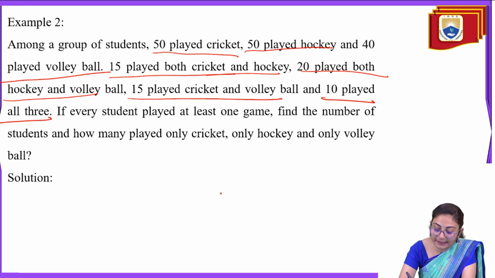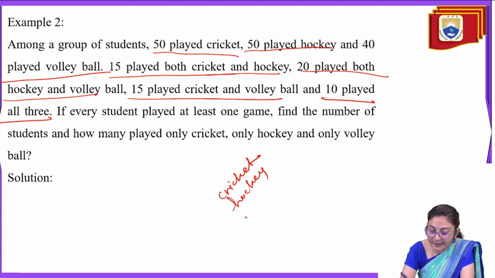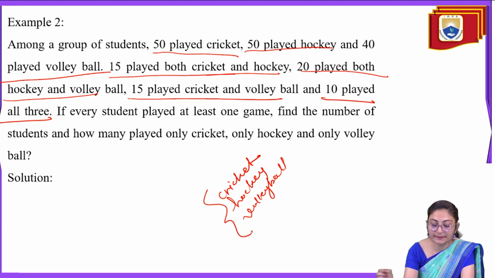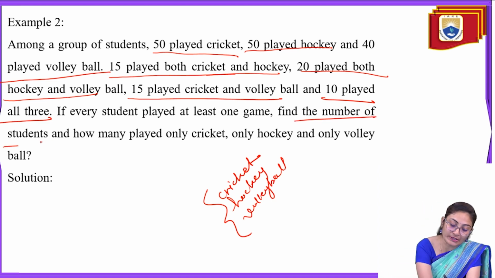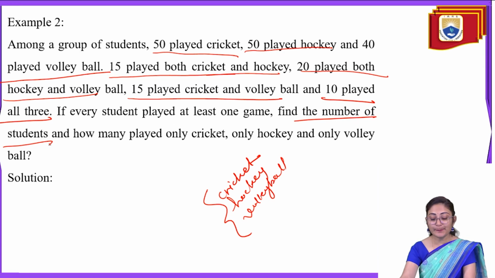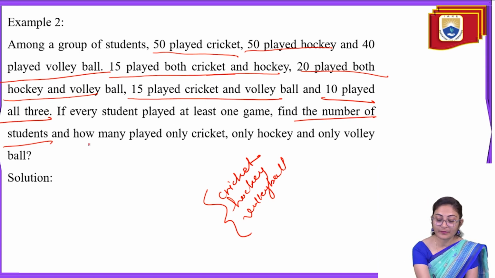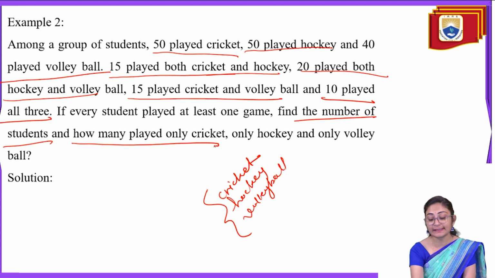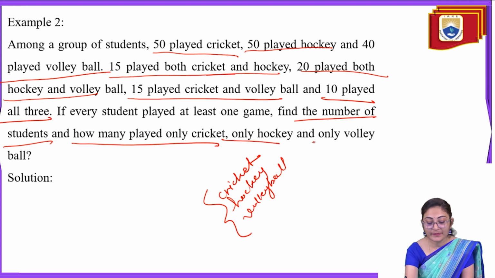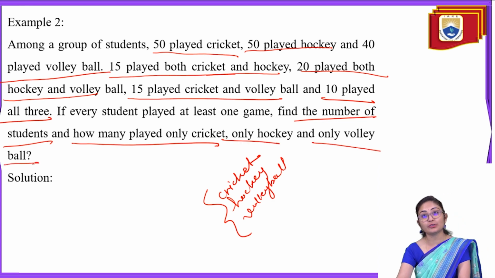Now keep in mind, there are 3 sets: cricket, hockey and volleyball. If every student played at least one game, find the number of students and how many played only cricket, only hockey and only volleyball.